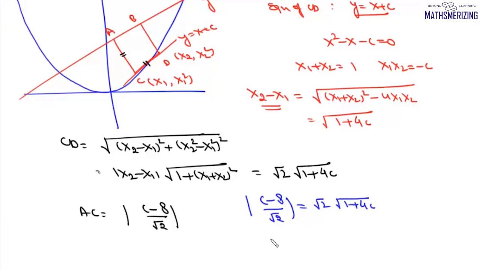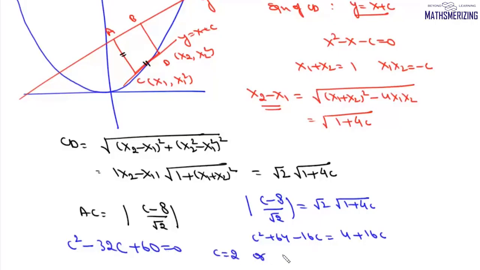Now we square it, we can write c square plus 64 minus 16c, and here will be 4 plus 16c, so it will be c square minus 32c plus 60 equals 0. So it will be 30 into 2. So value of c is either 2 or value of c is 30.